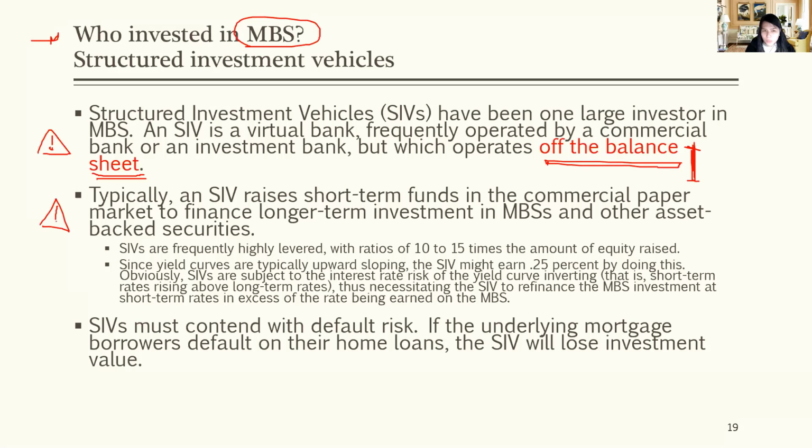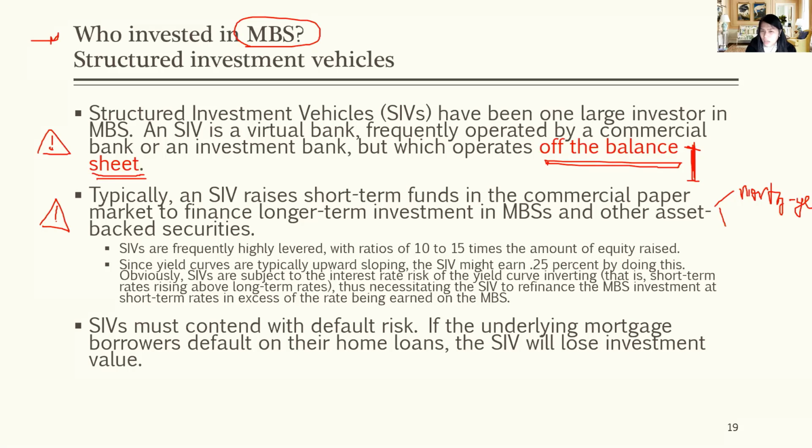The second problem here is with the way that SIV is funded. So SIV is a separate entity, and they buy the mortgages from the bank, and then they create MBS from the mortgages to sell to investors, okay? So on their asset side, they own mortgages, which are long-term in nature.